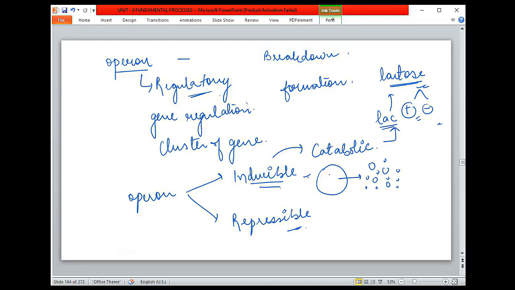One more important point: the operon model is applicable majorly to prokaryotes and to the lower eukaryotes. Okay, so we do not need to break down lactose for the complete life cycle.